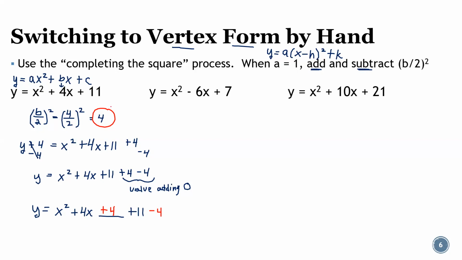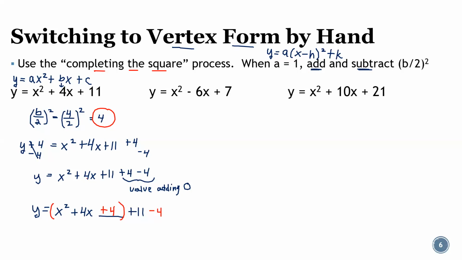Well, the process is called completing the square. And so what I have done is I have calculated this number 4, which will allow me to factor the first 3 terms, that trinomial. So we had factored before, and we said we need factors of c that add up to b.